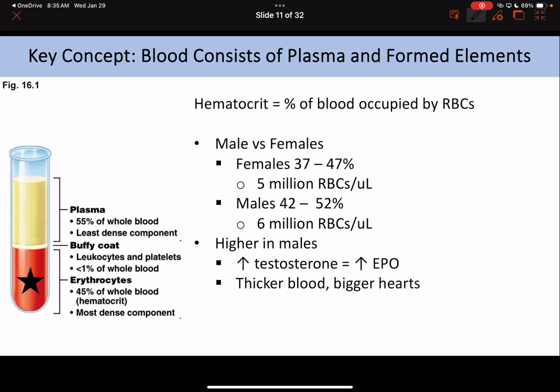So because of their elevated levels of testosterone compared to females, they have more EPO, which means more red blood cells. So men in general are going to have thicker blood because there's more cells that are part of that blood. And therefore, because they've had thicker blood their entire lives, they have larger hearts than females as well, because you need a larger heart to be able to pump a thicker, more viscous blood.